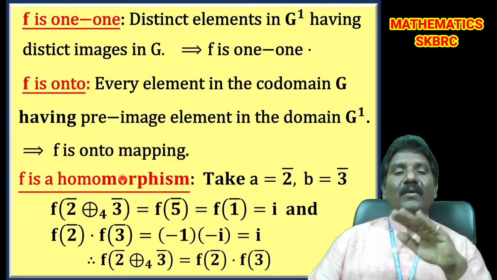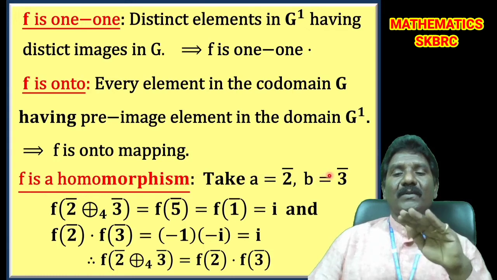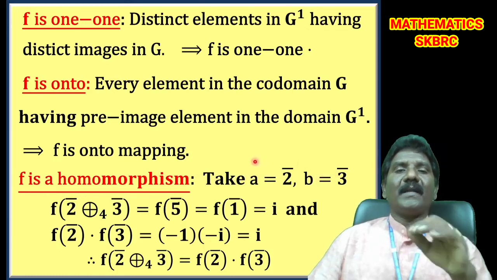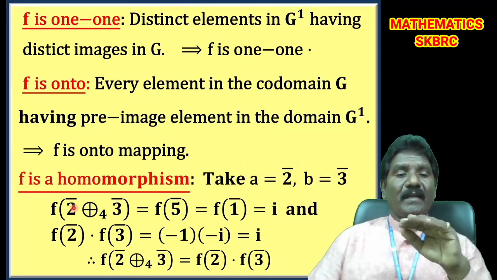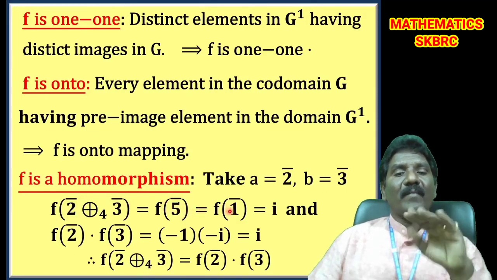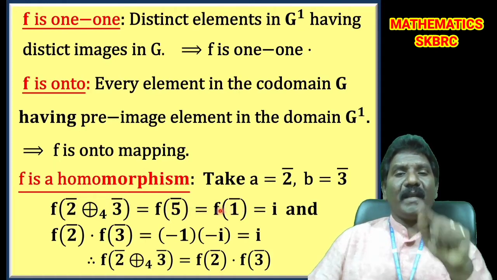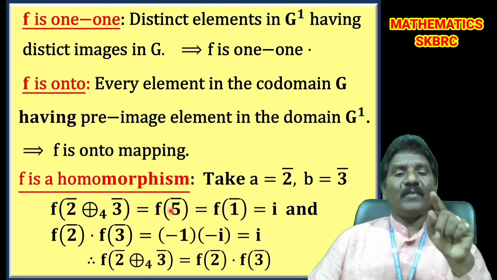Third one, F is a homomorphism. Take a equal to 2 bar and b equal to 3 bar, two elements in the domain G dash. Then F of 2 bar plus 3 bar equals F of 5 bar, which equals F of 1 bar, where 1 bar is the remainder when 5 is divided by 4.